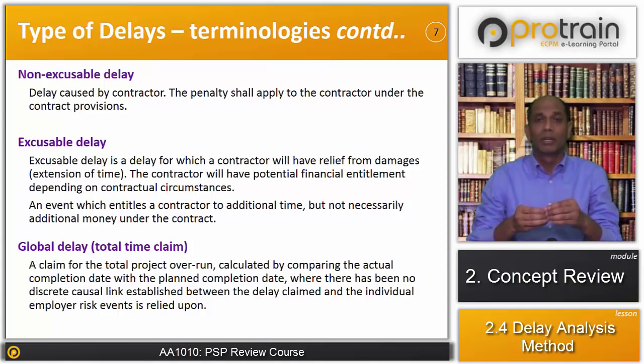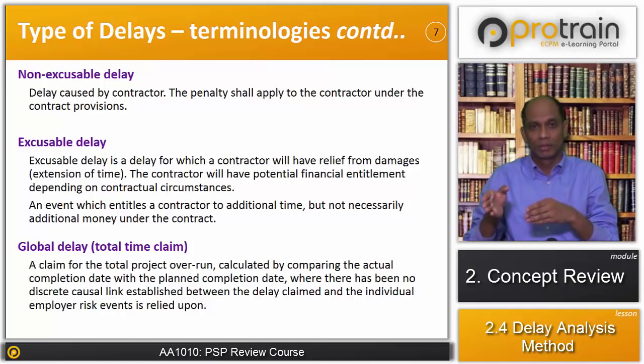Let's take an example here. Say we have a project of 11-month duration, and the contractor has delayed the project. In that scenario, it will be non-excusable delay, and he will be applied liquidated damage. However, it happens that the project is delayed in such a way that the completion date of the 11-month project is now 12 months.